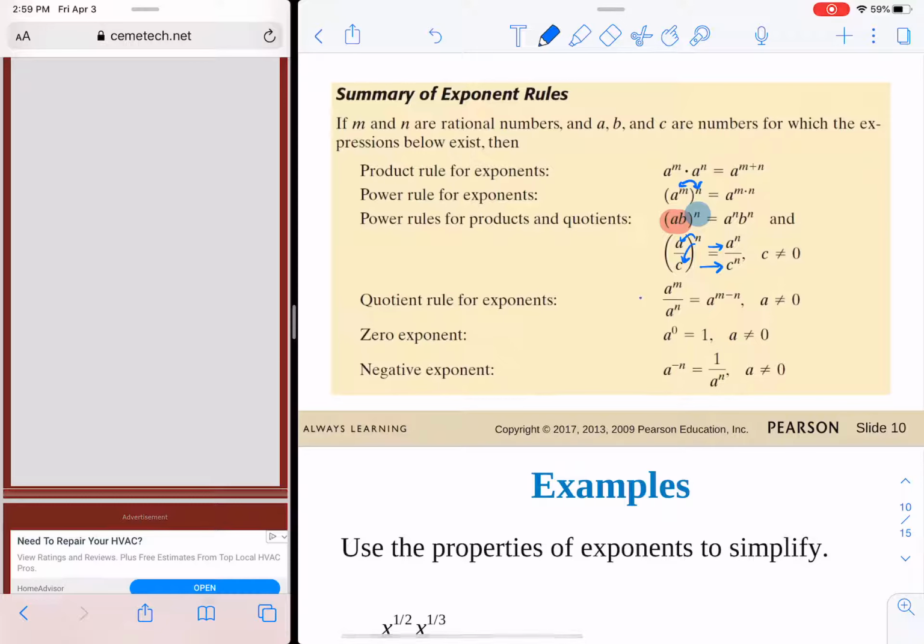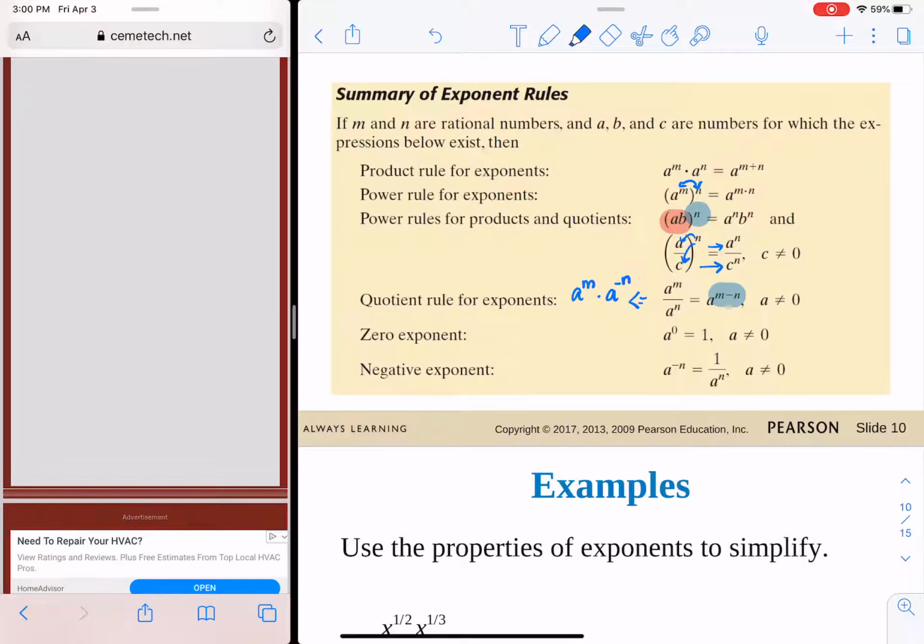So the quotient rule here is a raised to m over a raised to n. We can move the denominator to the numerator and we would end up having a raised to negative n. The bases are identical, so we add the powers. So if we add m and negative n, we end up getting m minus n.